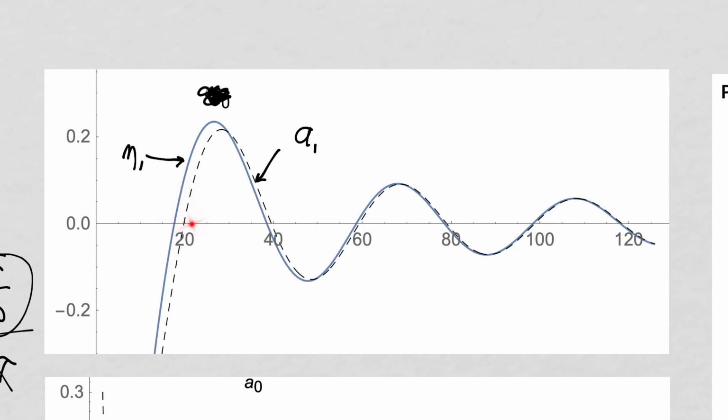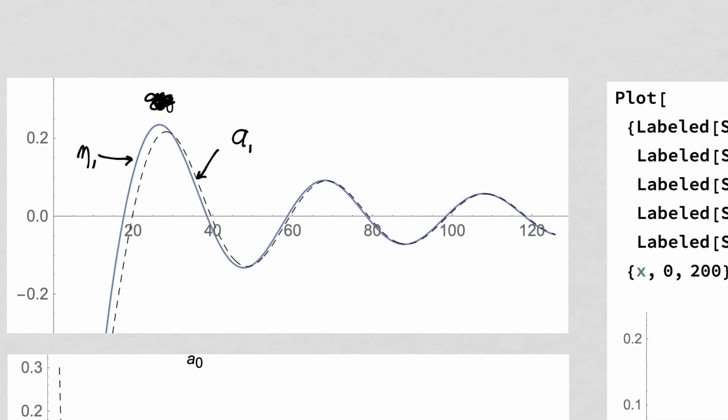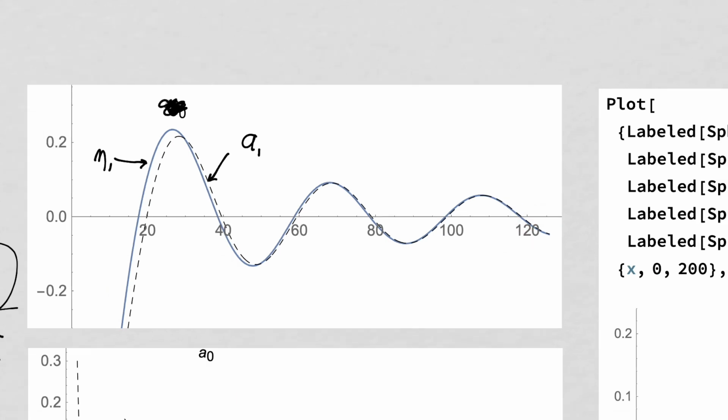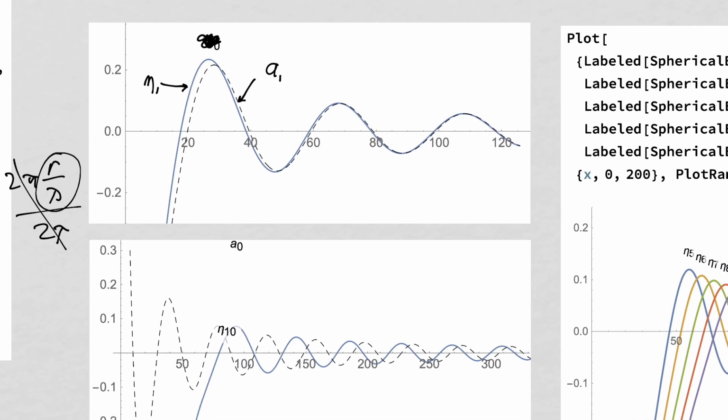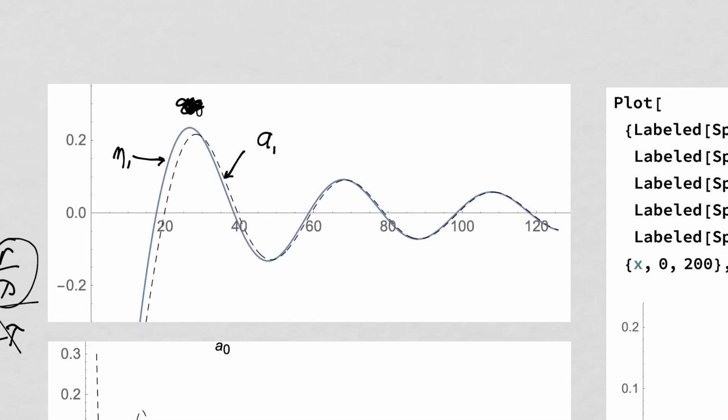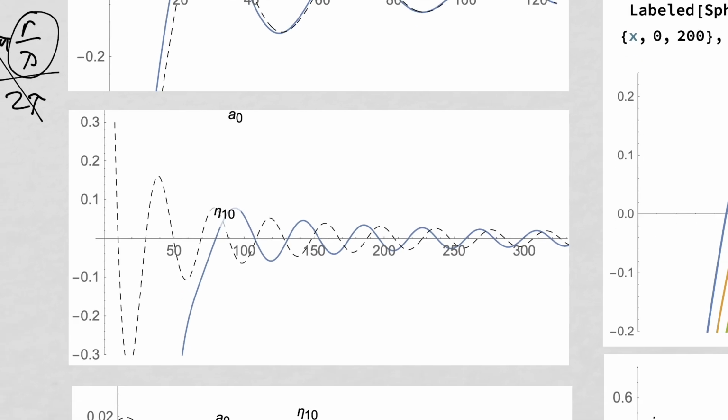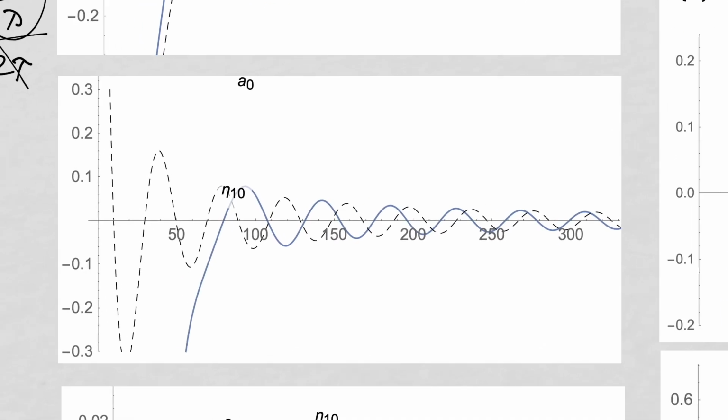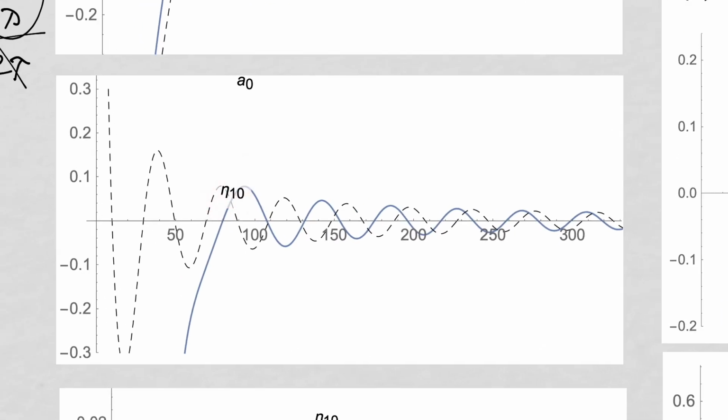Interestingly, the phase isn't terrible, and the phase starts locking on right there at around 80, 100, 120. It's pretty locked on, so this is going to get pretty accurate above 100 de Broglie wavelengths. And this is for Neumann 10.